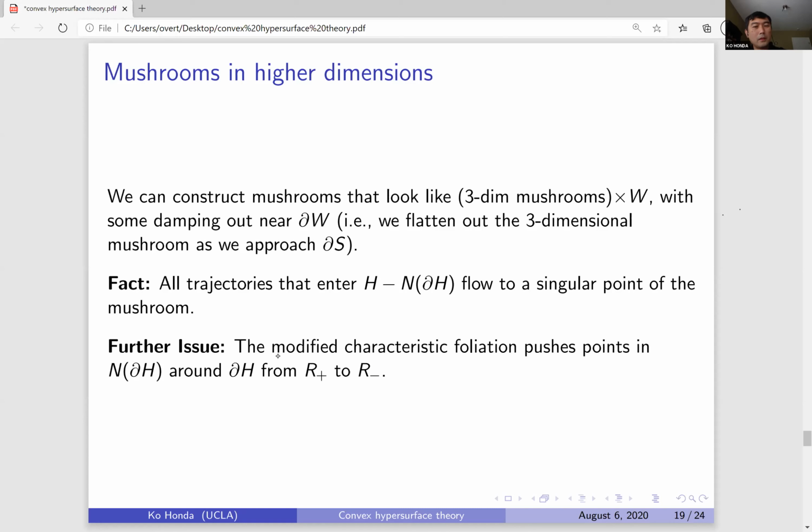But on the boundary, we have the stalks, and you actually always flow from the positive side to the negative side along the characteristic foliation. There's some sort of thing you have to worry about, which gets moved around a bit.